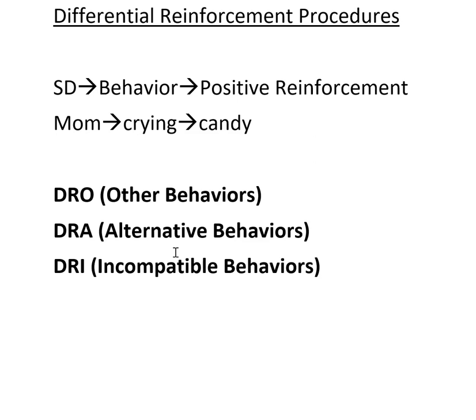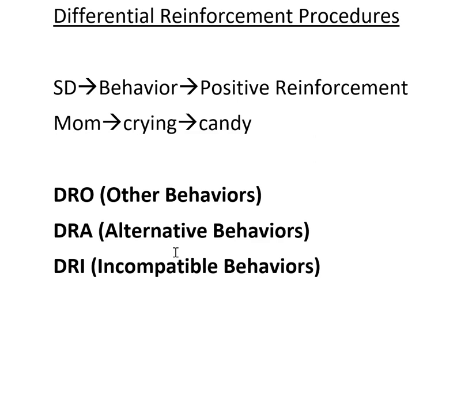Okay? So you are mixing two things when you're doing DRA. You're doing extinction for the crying behavior, which means you're no longer reinforcing it, and you are reinforcing an alternative behavior, which could be asking for the candy nicely. Or it could be eating dinner. Okay, so you could say when he cries, if you eat dinner, I'll give you the candy.